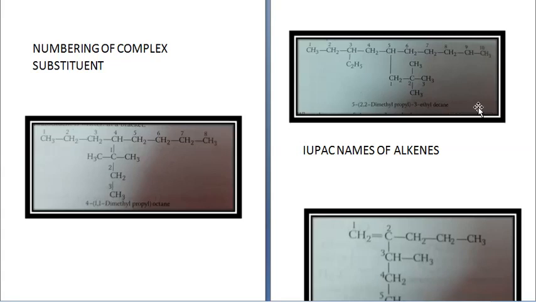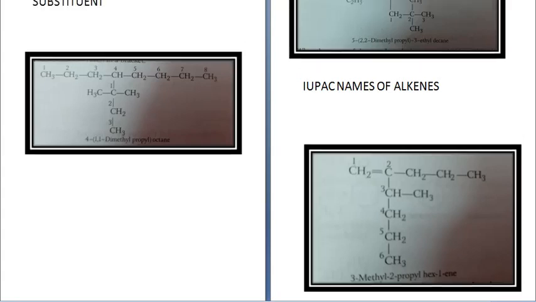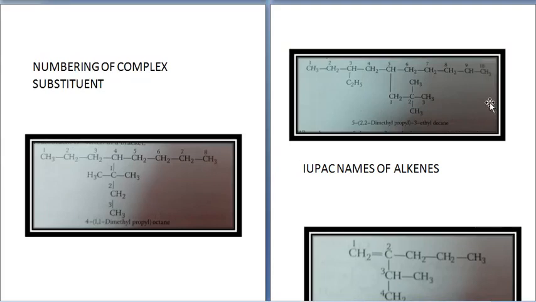Like here you see this chain, not this chain, the other one only. If there are two chains having the same number of carbon atoms, it is difficult to decide which one will be the longest chain. So the one in which there will be more side chains will be selected.